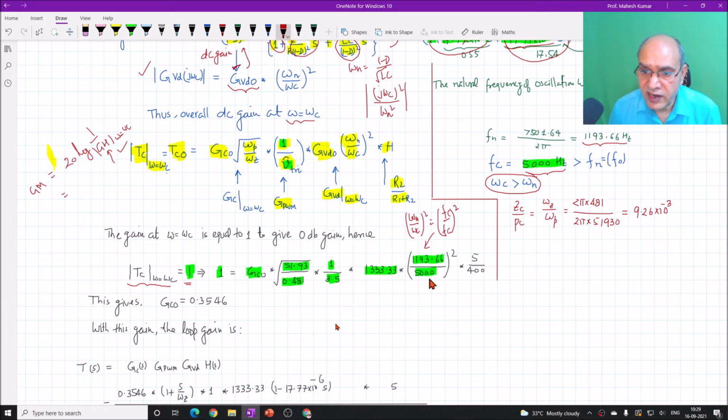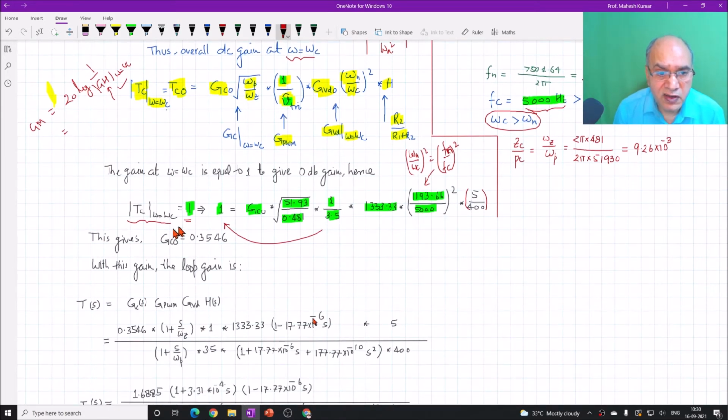So this is Fn by Fc squared, into h, which is R2 by R1 plus R2, so 5 by 400. This has to be the overall gain, the power stage to the signal level gain, H(s). Multiply all these terms, equate them to 1, then we will get Gc0 as 0.3546. This is the gain at omega equal to omega c.